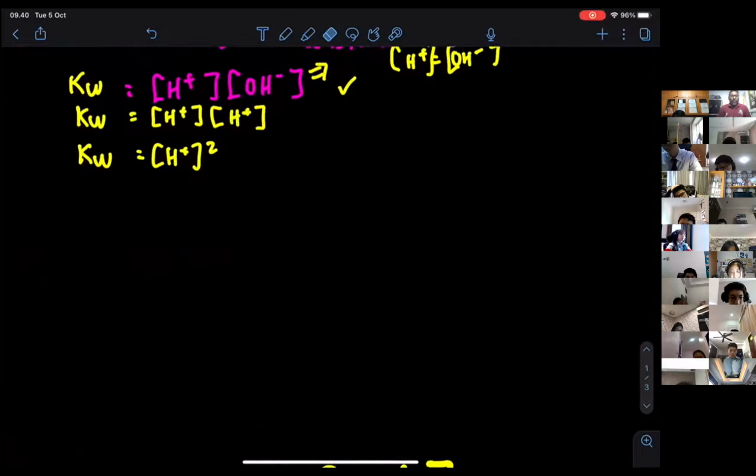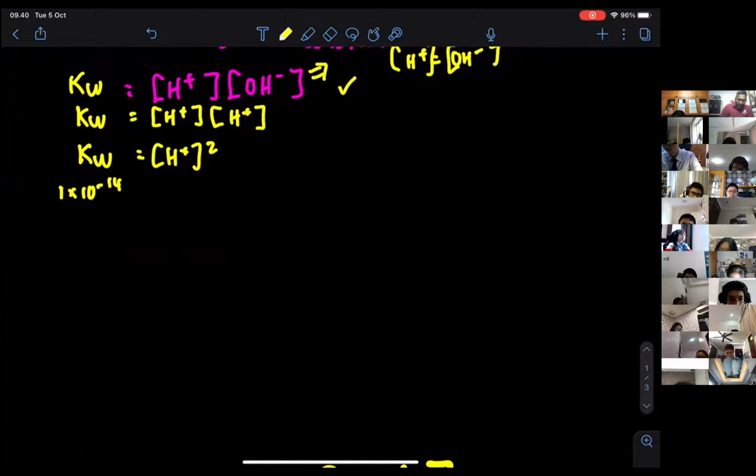Because if I want to calculate the pH of pure water, we know Kw, the ionic product of water, is always 1 times 10^-14. This applies for pure water at 298 Kelvin.